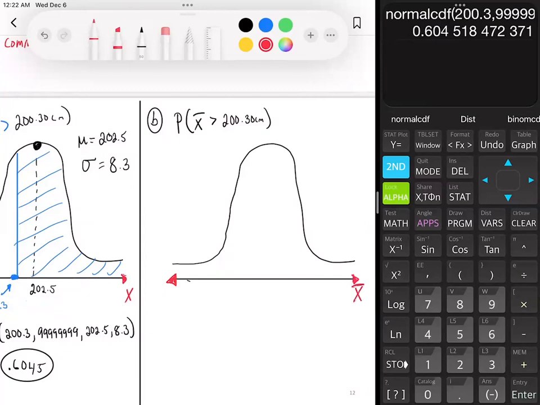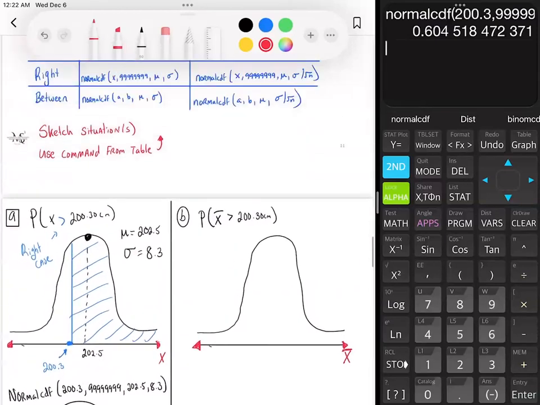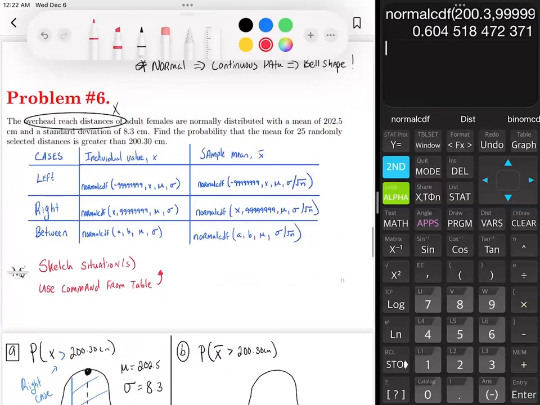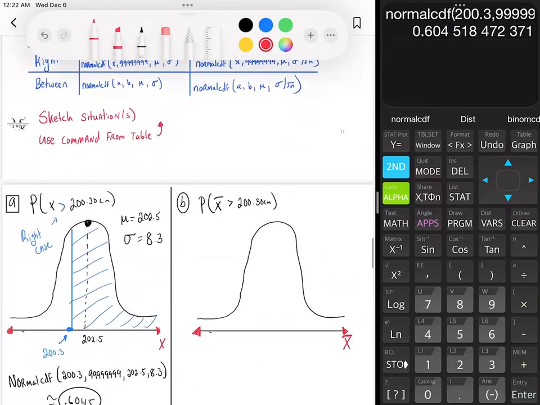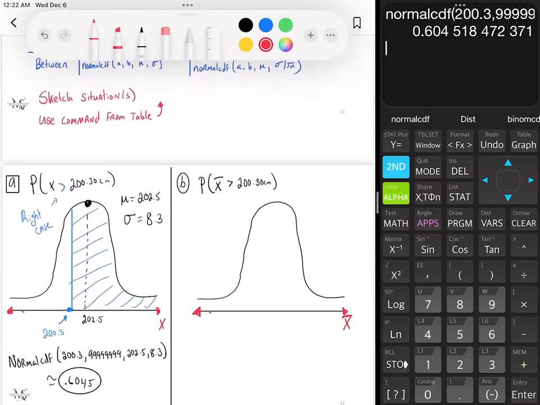So we have X bar, sample mean. How do I know it's going to be a sample mean? In this problem, it says find the probability that the mean for 25 randomly selected distances is going to be greater than 200.3. So there's only two differences. One is the labeling. Instead of having X, we now have X bar, and you have a sample size.